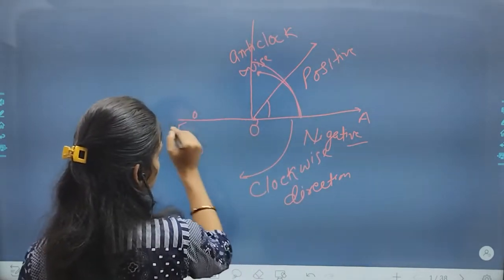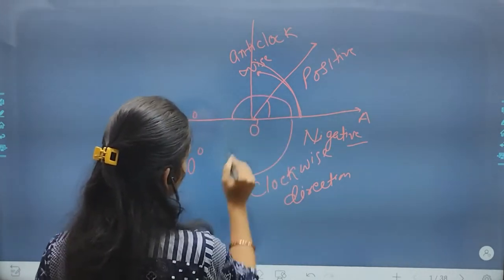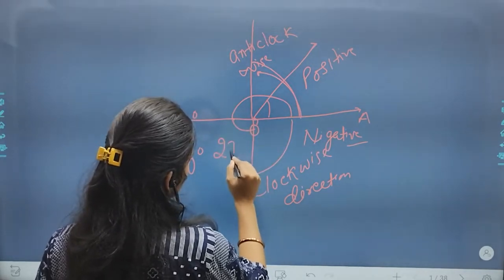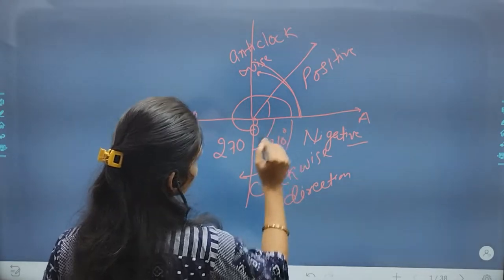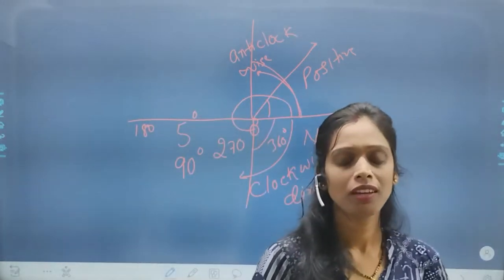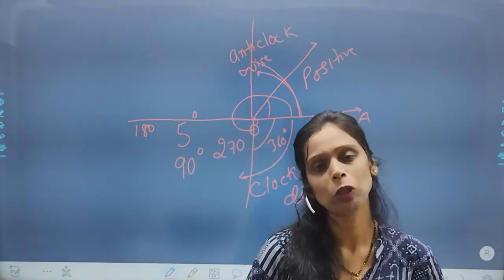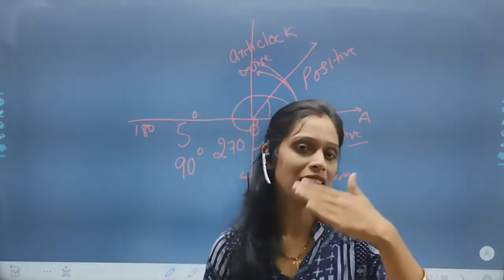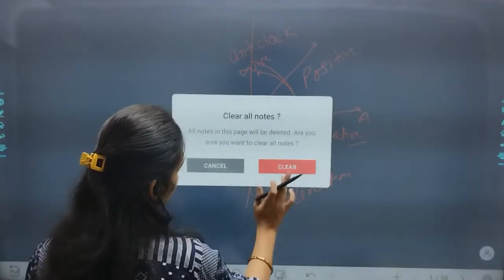Okay, this is 180 degree, this is 270, 360. And I think that you have already known about degree measurement. Now let's come to radian. Then what is radian actually?